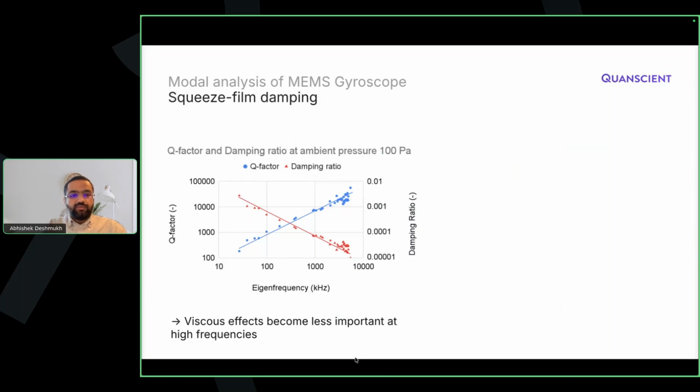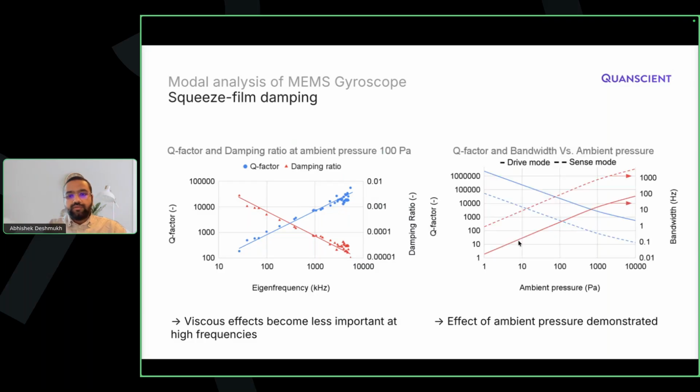And as you can see, with increasing eigenfrequency, your Q factor is increasing. What that means is that these effects become less important, so you lose less energy at higher frequency compared to the lower ones in the same kind of environment. So these kind of effects can be studied individually.